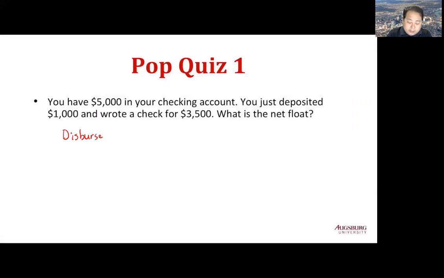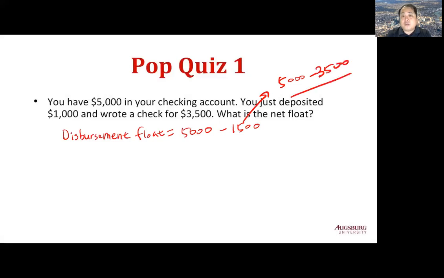Disbursement float is bank balance 5,000 minus book balance 1,500, which is 5,000 minus 3,500, the amount of the check we wrote. So $3,500 is the disbursement float.